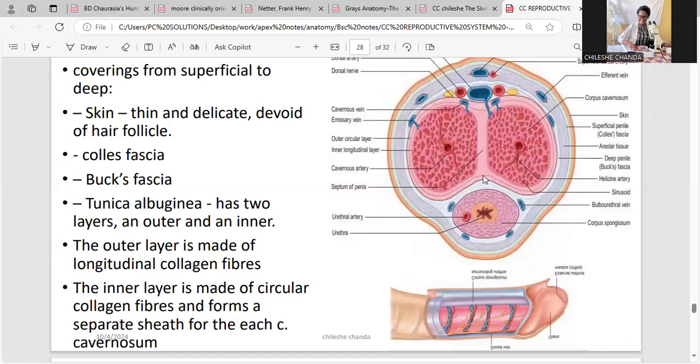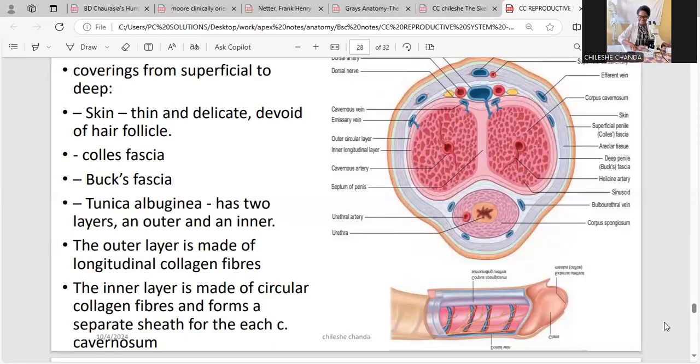The tunica albuginea is what is going to surround the tunica venosa. The tunica albuginea is going to have an external layer, which is an outer layer, and an inside layer.